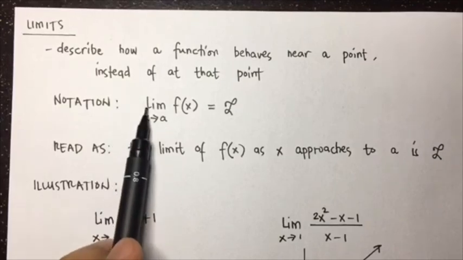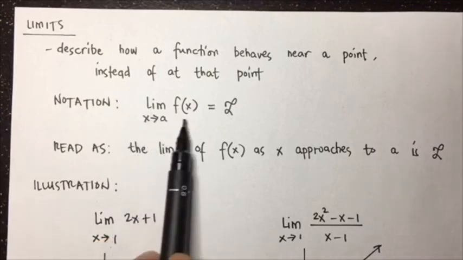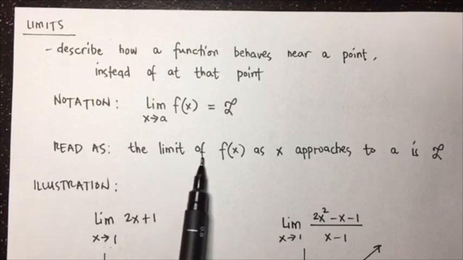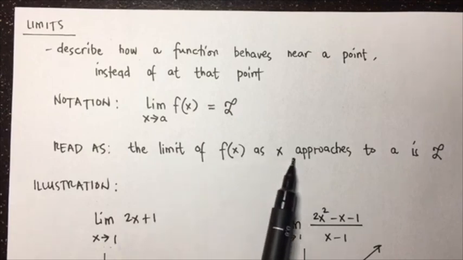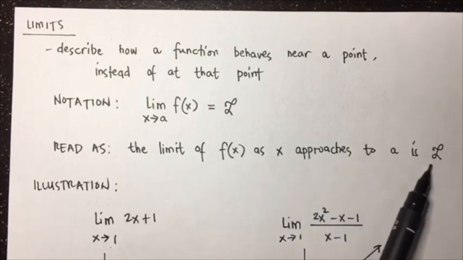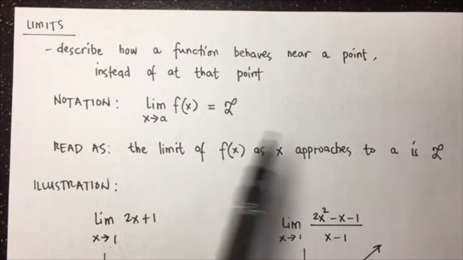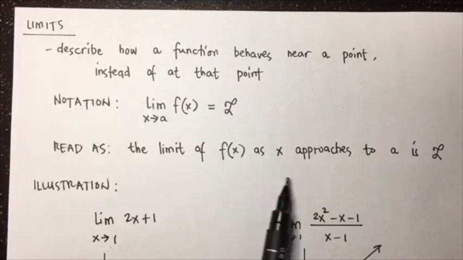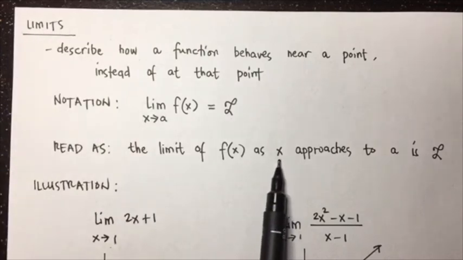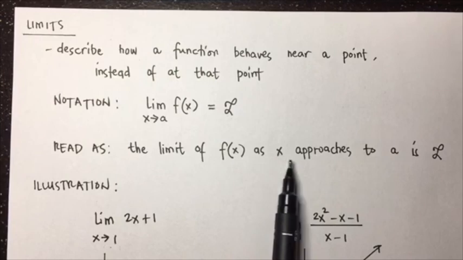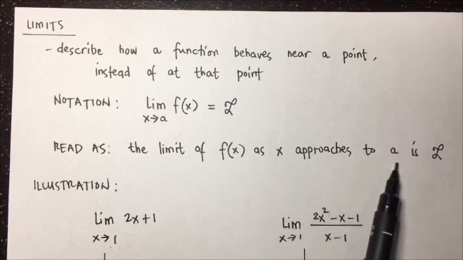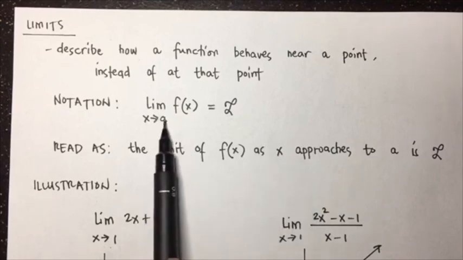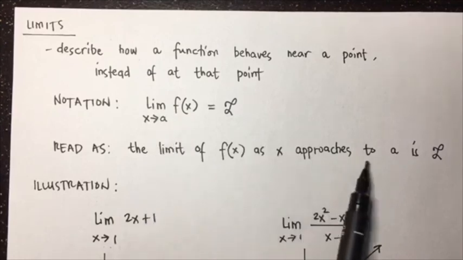It is read as the limit of f of x as x approaches a is L. Notice that for limits we only use the value of x approaching a certain value, not exactly at x equal to a, but as x approaches a.